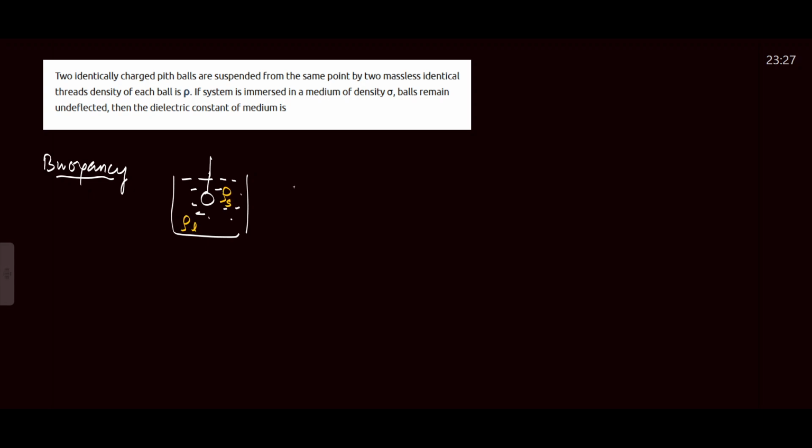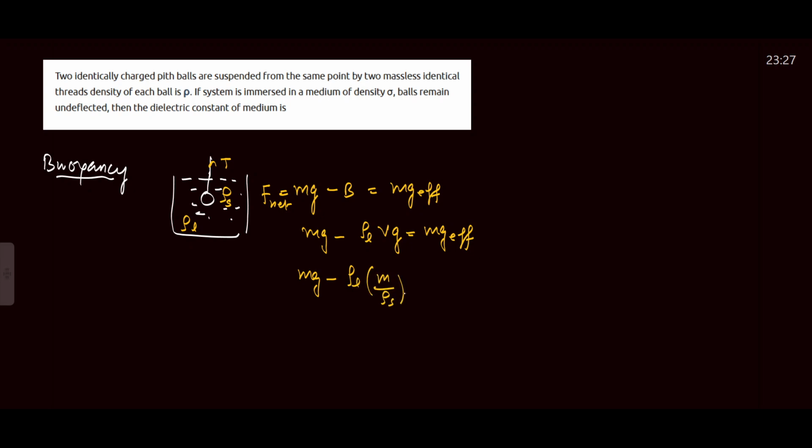Then remember here we can write mg minus buoyant force, that is the net force upward, that I'm saying is tension here, or you can say net force F net, or sometimes we call it mg effective also. Try to understand this line. So we can say mg, and this buoyant force is nothing else but density of liquid into volume into g. Now you can say this is mg minus density of liquid, this is mass upon density of solid, into g, that we can say m into g factor.